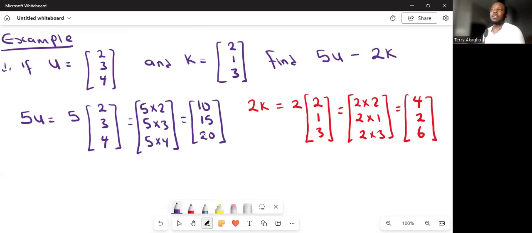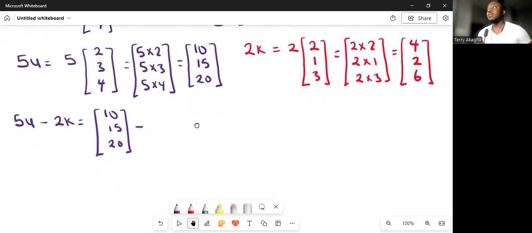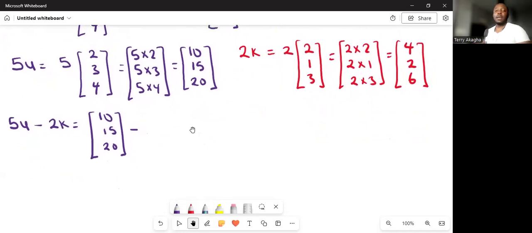But the question is asking us not to find 5u or 2k, but 5u minus what? 2k. So 5u is 10, 15, and 20, minus 2k, which is 4, 2, and 6. Then you subtract.